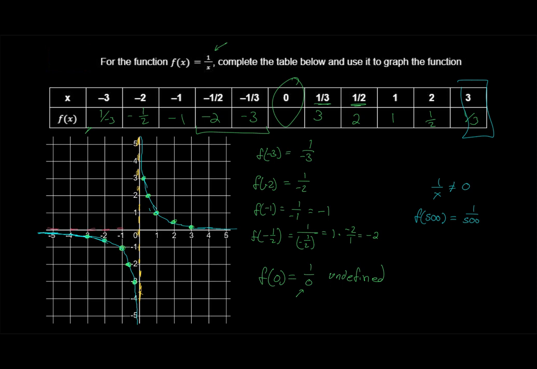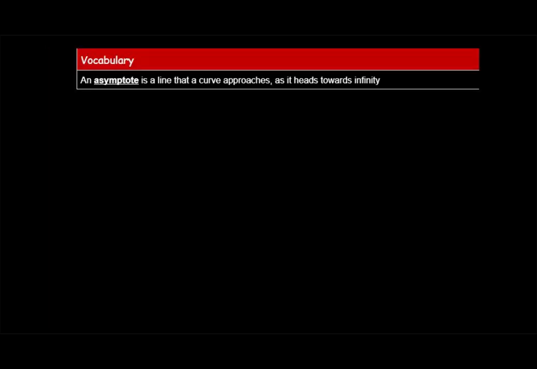Asymptotes are represented by dotted lines. Again, they're what the graph is approaching as it moves towards positive or negative infinity, but will never actually reach that value. So just clarifying, an asymptote is what a curve approaches as it heads towards infinity.